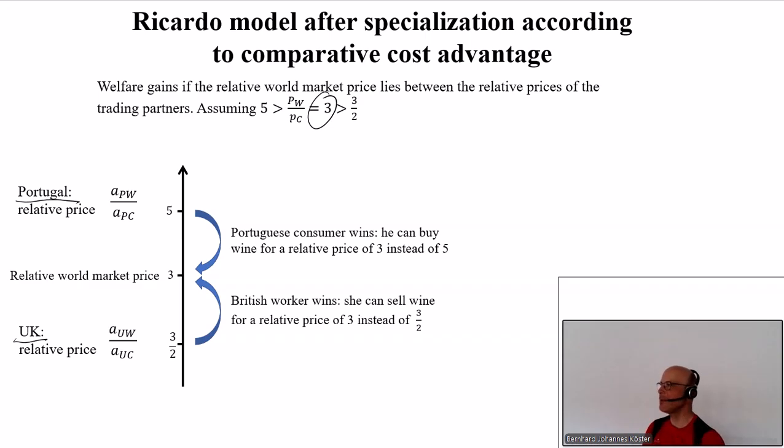If somebody pays me for my liter of wine more than 1.5, then I'm also happy. Here we have assumed that the exchange ratio at the world market is 3. So I have an incentive to sell my produced wine at the world market for this higher exchange ratio.